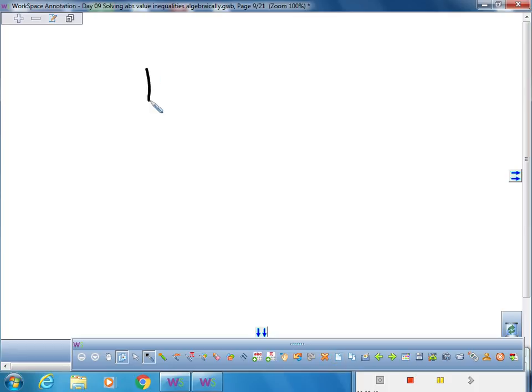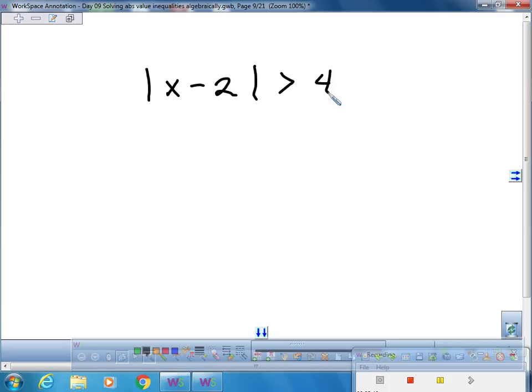So if I have the absolute value of x minus 2 is greater than 4, on a number line we're talking about the distance between x and 2. So here's 2.